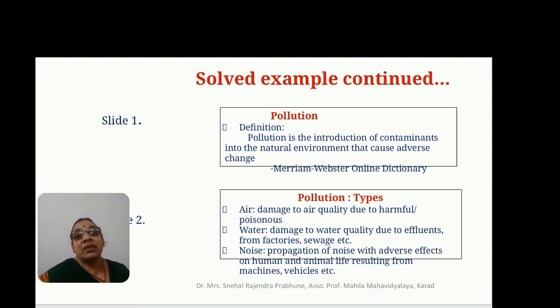Now, keep in mind that though we have to make use of points and not full sentences, when it comes to definition, we have to give it in entirety, the full definition with all the references. So you find here, pollution is the introduction of contaminants into the natural environment that cause adverse change.